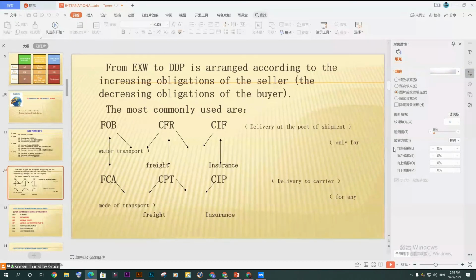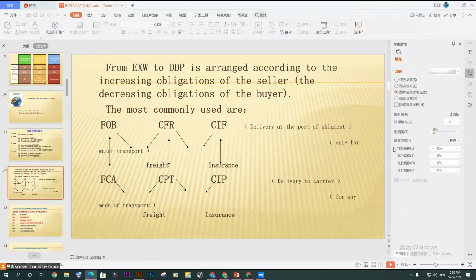These 3 are trade terms that can only be used in sea and inland waterway transport. So this is the common point for these 3 terms. Okay, let's look at them one by one. FOB means free on board.